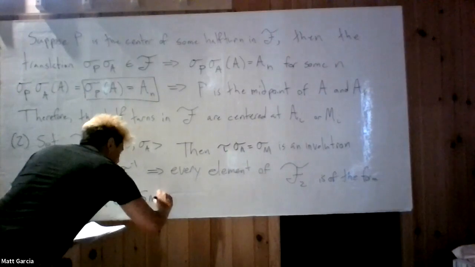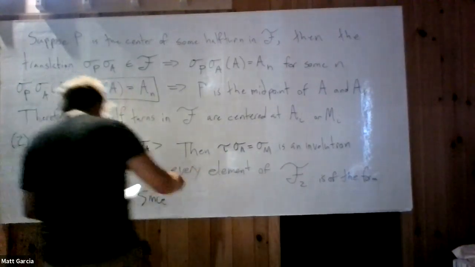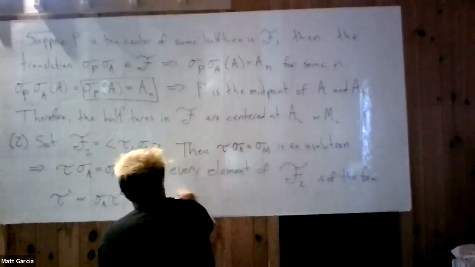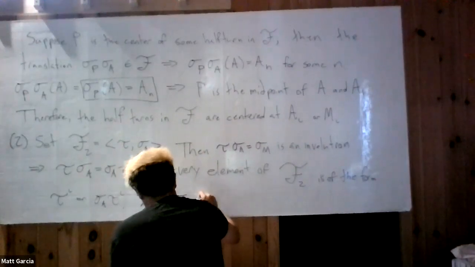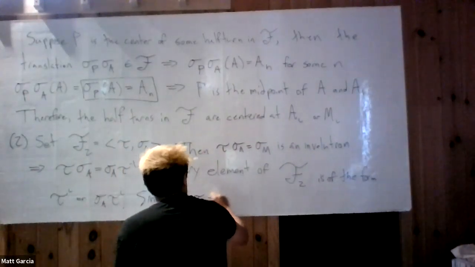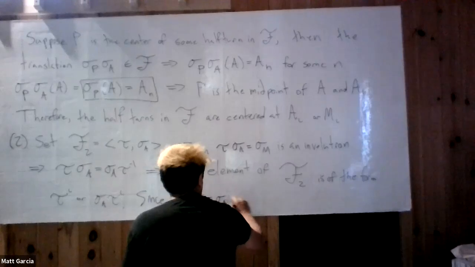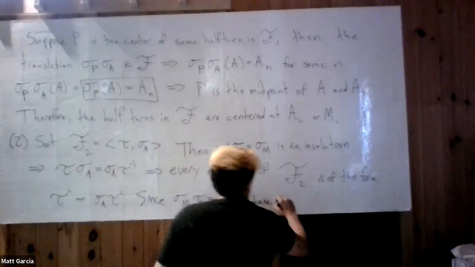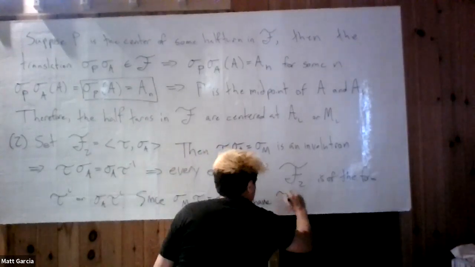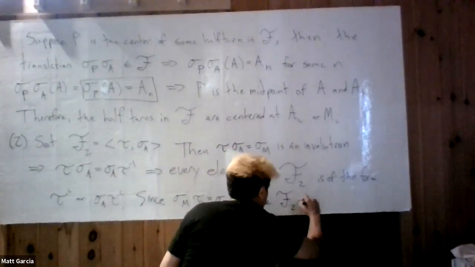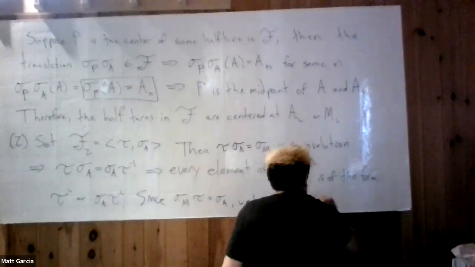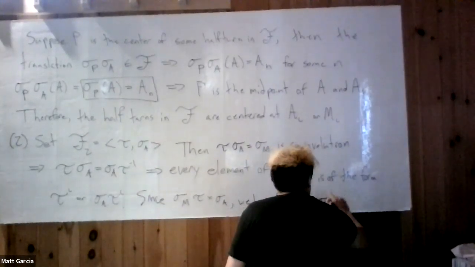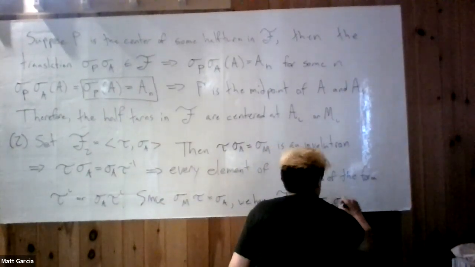Since sigma M tau is equal to sigma A, we have F2 is equal to the group generated by sigma A, sigma M.